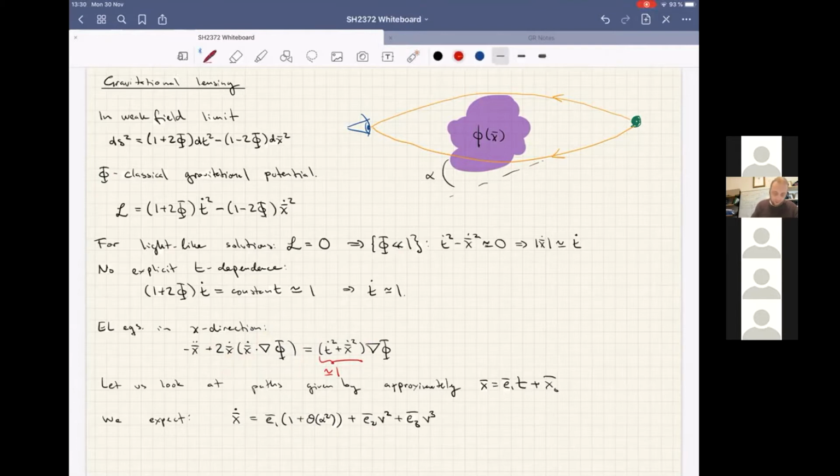So if we look, for example, in the 2 direction, so in the y direction, this is then a differential equation for V2.